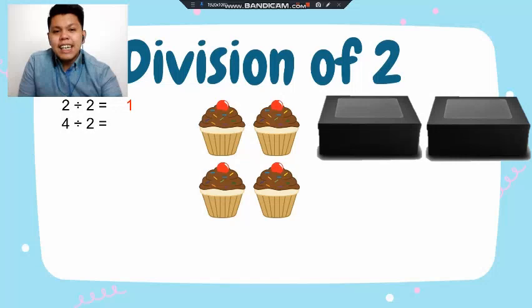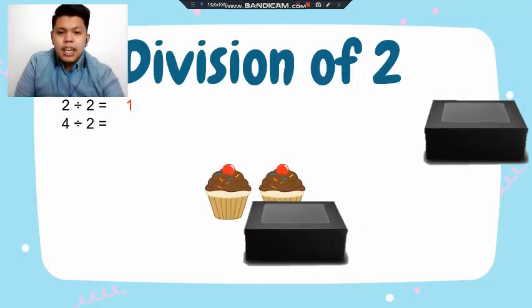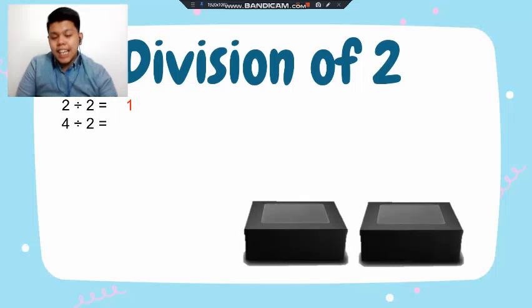You will see later. Okay? So let's put 2 cupcakes in 1 box and another 2 cupcakes in the other box. So our answer, how many cupcakes are in each box? We have 2.